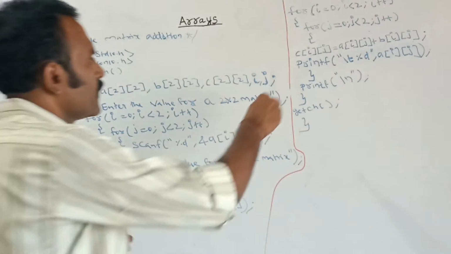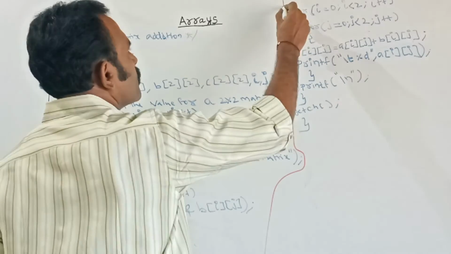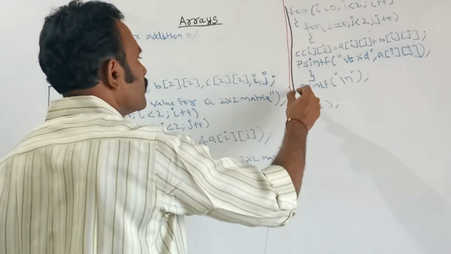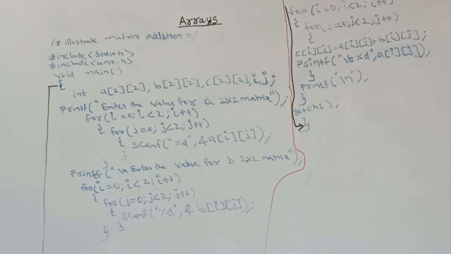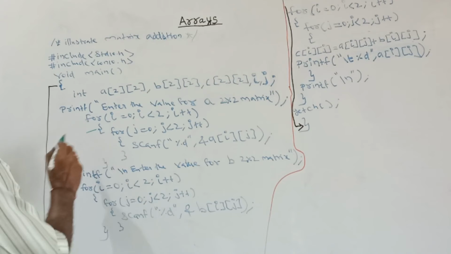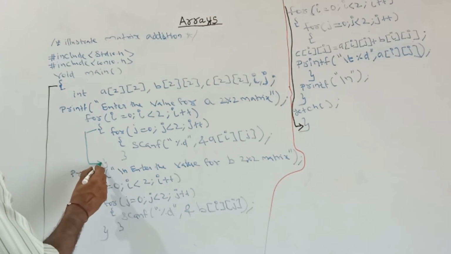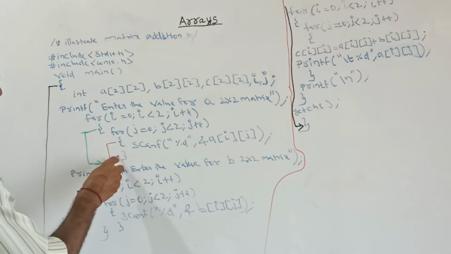So this is the program. Here see void main, open brace. Here I am closing this brace here, void main. Next this one, outer loop, for loop, inner loop, for loop.